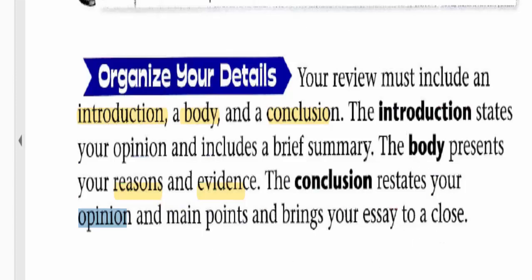So this part here summarizes everything in the review. Introduction, body, conclusion. In the introduction, you should have your opinion and summary. In the body, you have to have 2 reasons. Every reason is being supported by a number of evidence, different evidences.